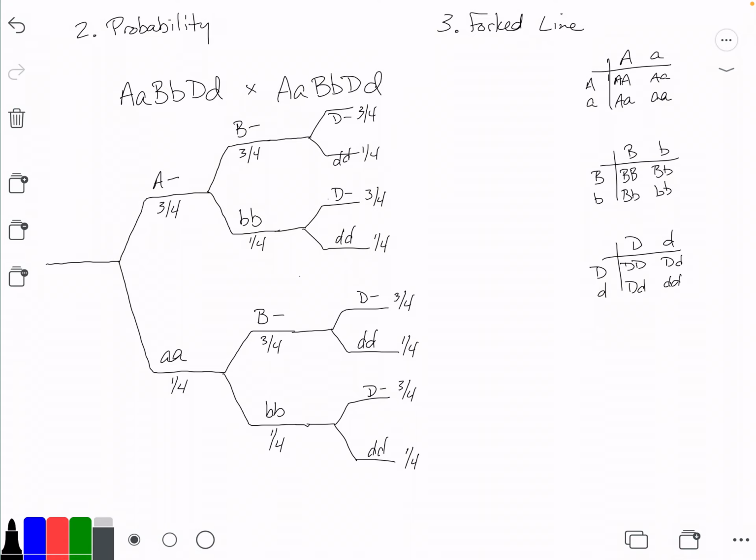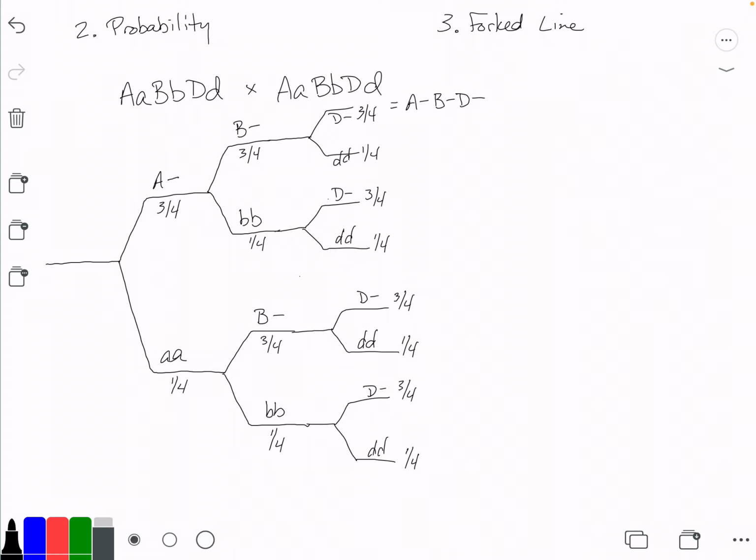And then what I'm going to do is go along and look at each path. If I follow the topmost path, and I go up on every fork, then I get this scenario where I have dominant A phenotype, dominant B phenotype, dominant D phenotype. And I'm going to erase my little Punnett squares so I have a little room over there. Okay.